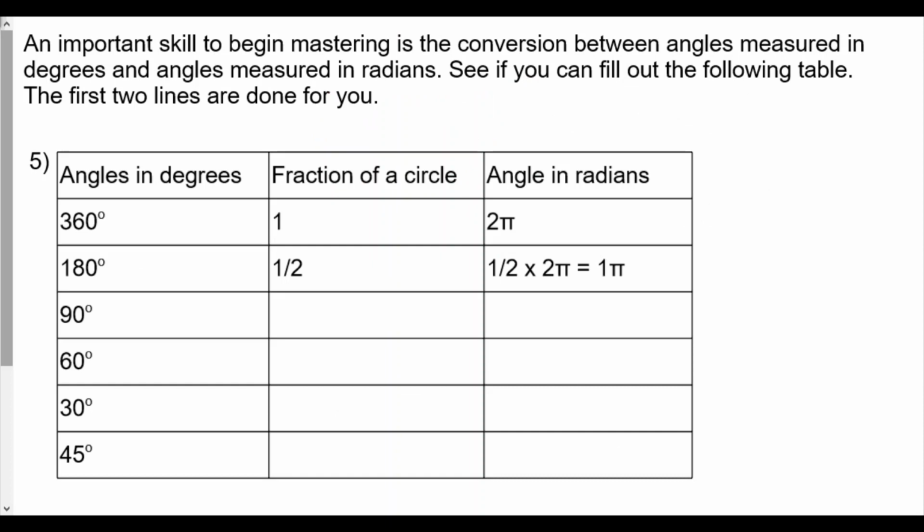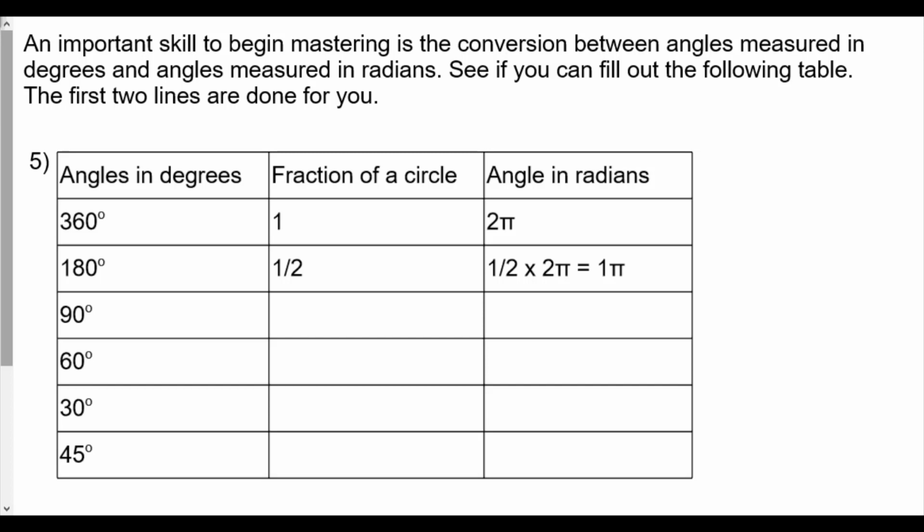Okay, now for our last question, question number 5. Here's the idea. We're trying to convert our angle measured in degrees to radians, by looking at pieces of the circle. This is very important, and we'll talk about some ways to do conversions of angle measures from degrees to radians and backwards from radians to degrees.